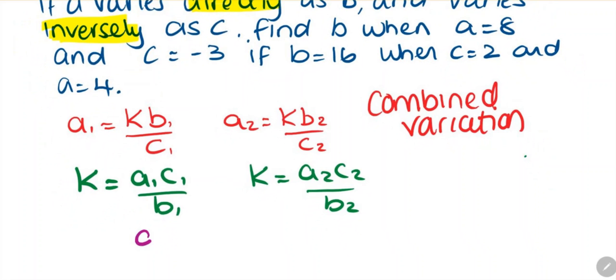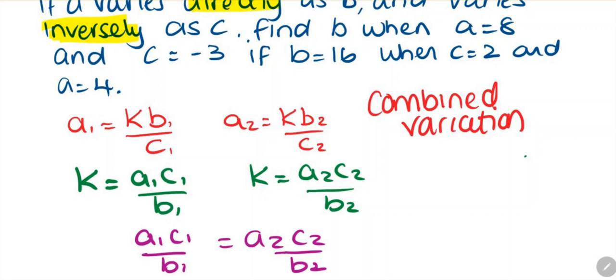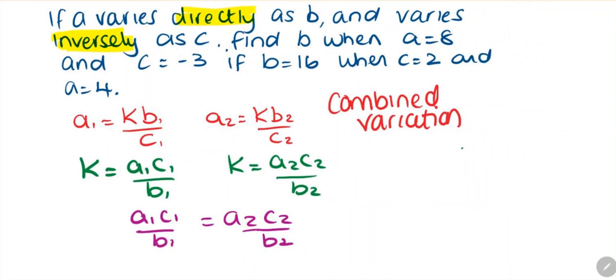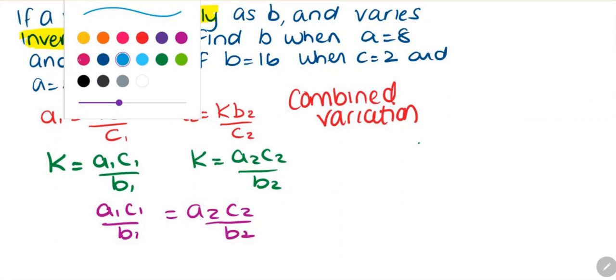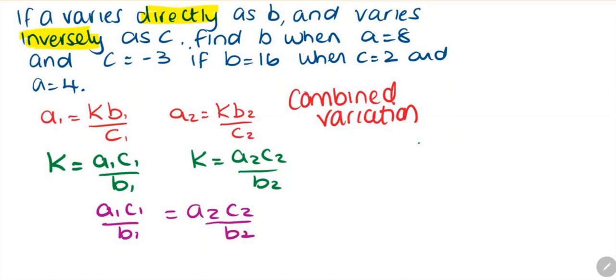So a1 c1 over b1 is equal to a2 c2 over b2. And we can substitute in the values. It says find b, so we'll call that 2, when a is 8 and c is minus 3, and the values we already know are b1, c1 and a1.